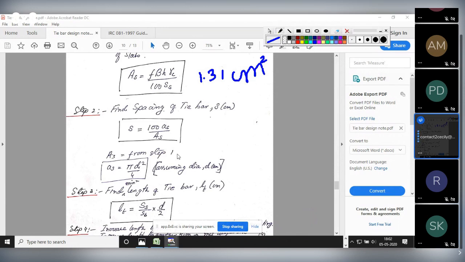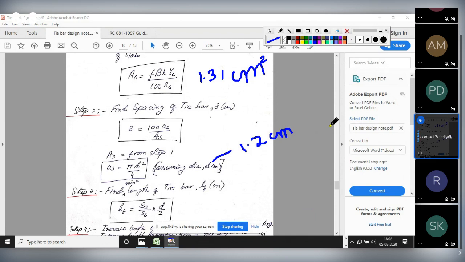Now for this condition, assume diameter to be 12 mm. The diameter should lie between 12 and 16 mm. So here diameter will be in centimeter. Note it down because we are calculating area in centimeter. So convert 12 mm into centimeter, D is 1.2 centimeter.